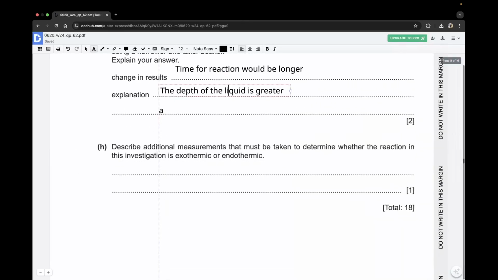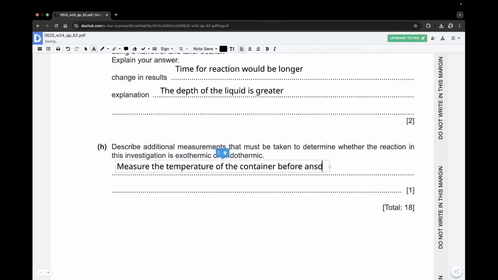And one more thing, describe additional measurements that must be taken to determine whether the reaction in this investigation is exothermic or endothermic. Again, this is quite a common type of question. It's measure the temperature of the container before and after the reaction. And yeah, that's that.